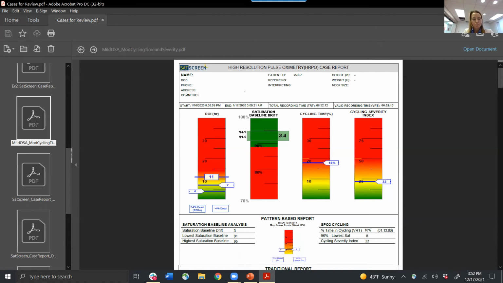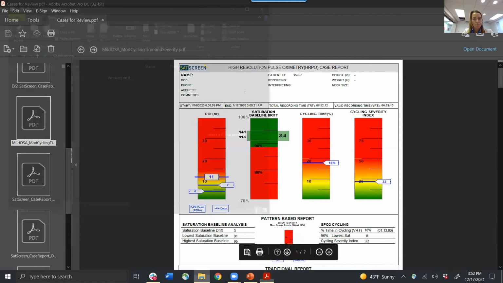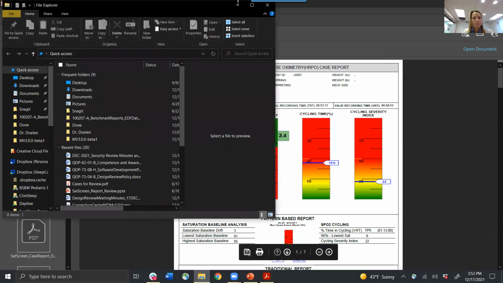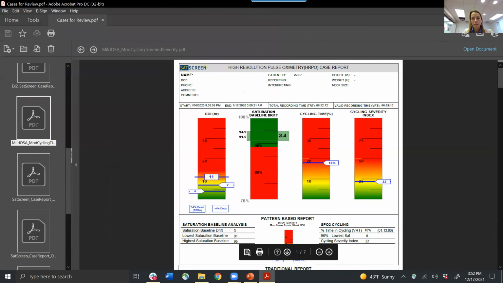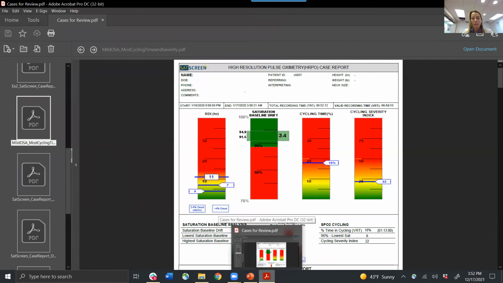And I can pull up case examples or anything like that, but I think I'm just going to open it up to questions, see if anybody has anything that they'd like to cover specifically, or any specific questions.